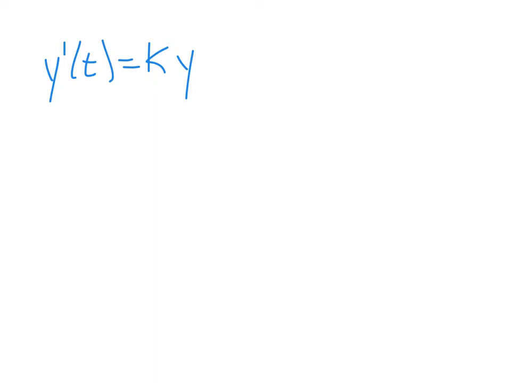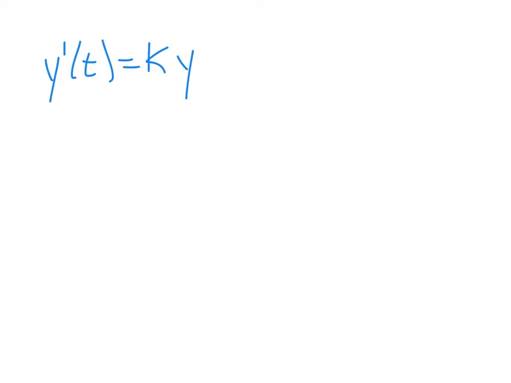So what we're going to say from here is that this is a differential equation that we can solve for, and we need the idea of separable differential equations to be able to do that.